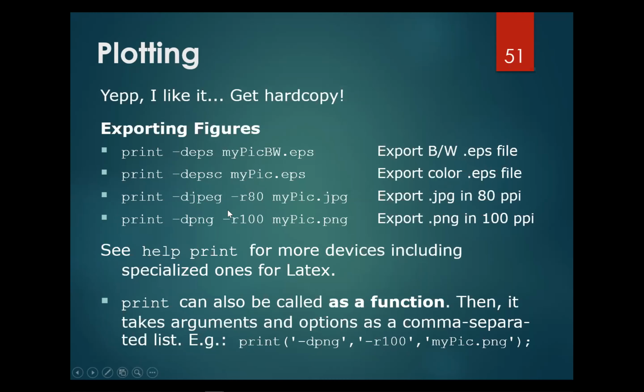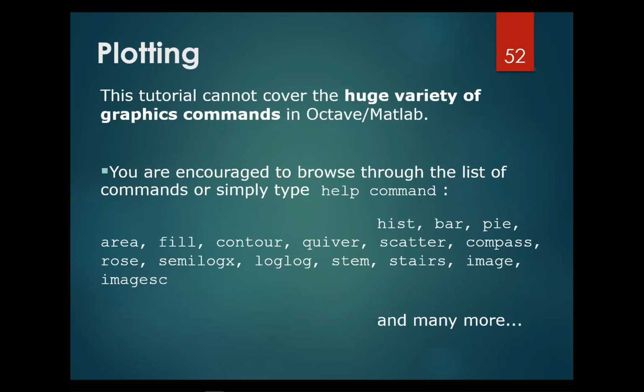These are other properties you have to know. If you want to export the figure, these are the file formats that you can export to. You can make it JPEG, you can export as PNG, you can export as EPS, and the like. These are things that you can look at a later time.